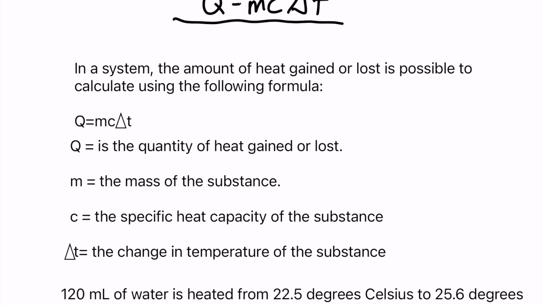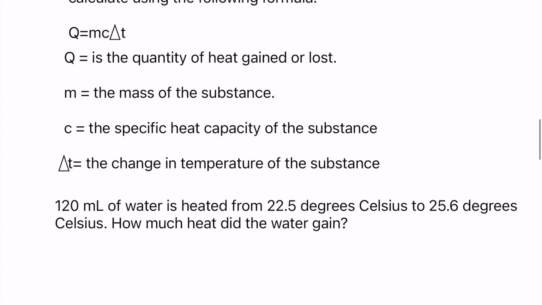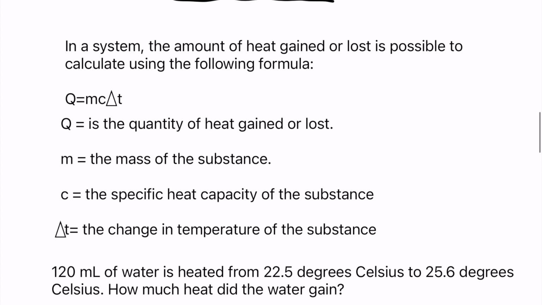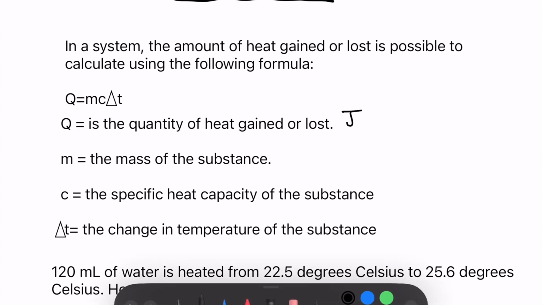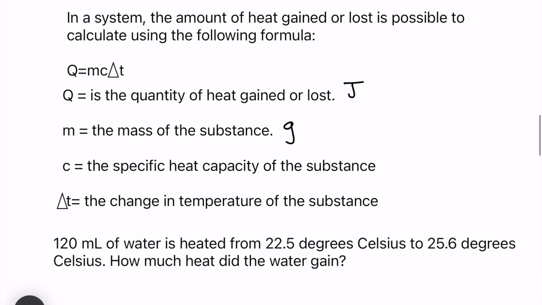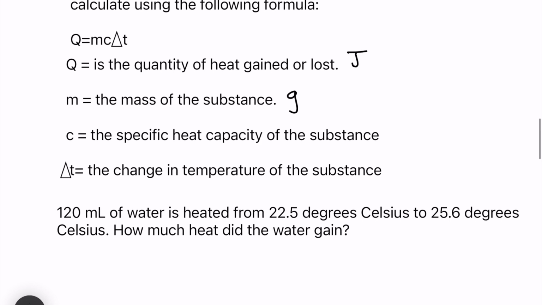So Q is the quantity of heat gained or lost, and that's going to be measured in joules. Next up, we have the M, or mass, so that's the mass of the substance, and that will be in grams. Next up, we have C, which is the specific heat capacity of the substance.